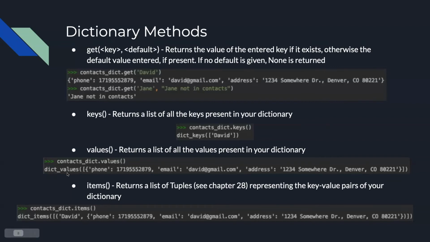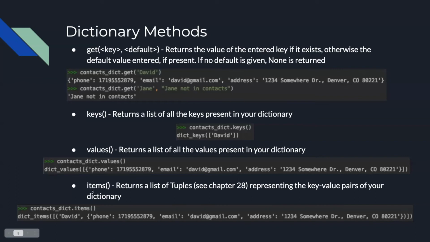This returns a list of dict values. Here it's just the dictionary value that I have for the contacts in my dictionary. So this just returns one value. If I had multiple key value pairs in my dictionary, we would see a comma and then another value over here, but I just don't. So this is what's returned here.